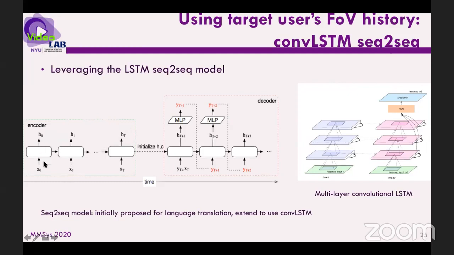The encoder essentially models how the FOV attention maps evolved in time, and using that, the final hidden state is used to initialize the decoder model, which then continuously predicts the attention map in the next time instant. Because the input is attention maps, we apply multi-layer convolutional LSTM, both for the encoder and decoder.